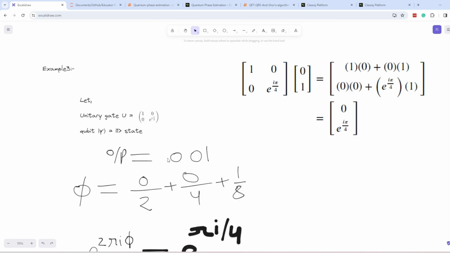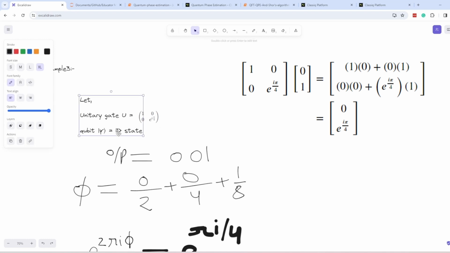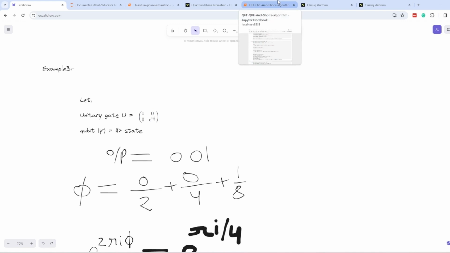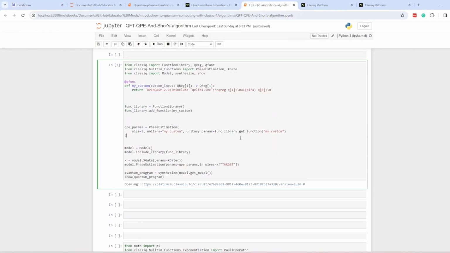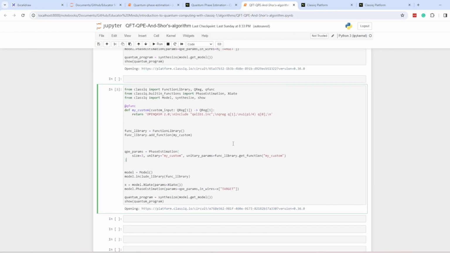Now let's take another example. This time the unitary gate U is this one, which rotates by pi by 4 around the Z axis, and the input qubit is in the one state. Let's run the circuit and see the output.